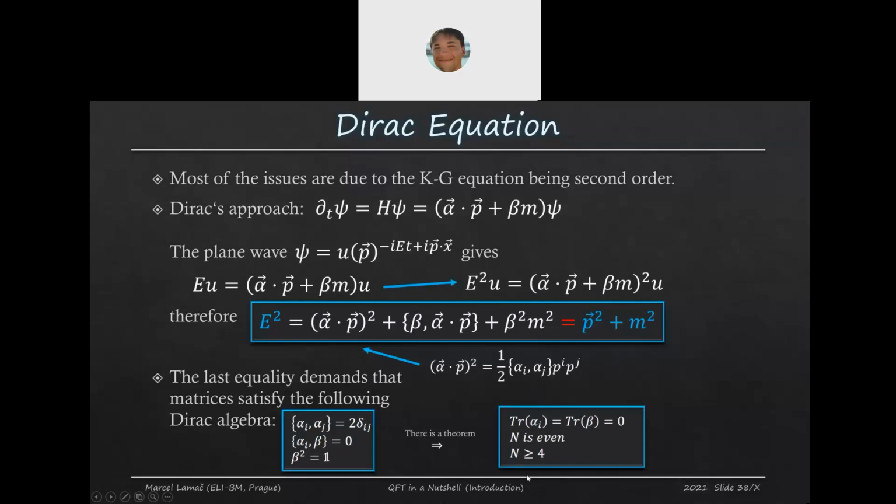It is so easy to prove that we will do it here together with Marek. If we take the second condition of the Dirac algebra, then we can easily prove this first consequence, since we just write the anti-commutator, this is 0, and we can put this on the right hand side.